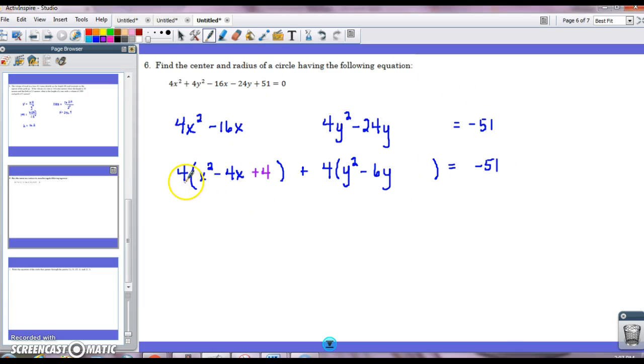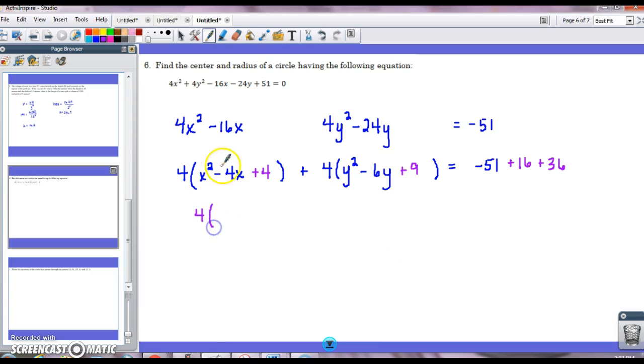But here's where you have to be careful. I'm not just adding 4 to this side, I'm adding 4 times 4, so I'm adding 16 to this side of my equation. Okay, I'm going to do the same thing here. Half of the 6 is 3, 3 squared is 9. So I'm really adding 36 to this side of the equation, so I have to add 36 to that side of my equation as well.